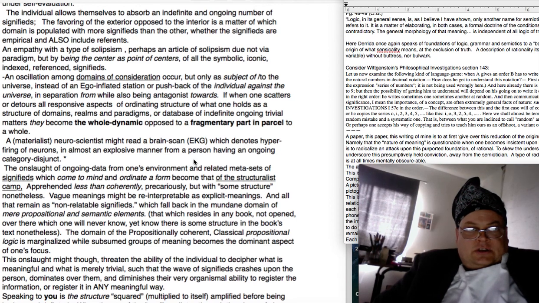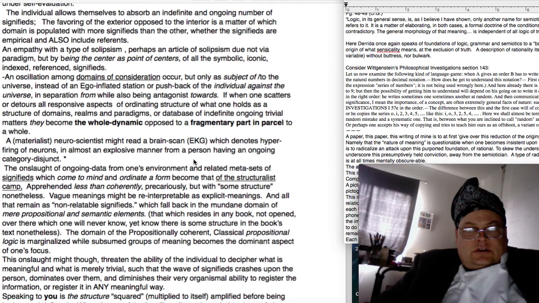An oscillation among domains of consideration occurs, but only as subject to the universe, instead of the ego-inflated station or pushback of the individual against the universe in separation from, while also being antagonistic towards.